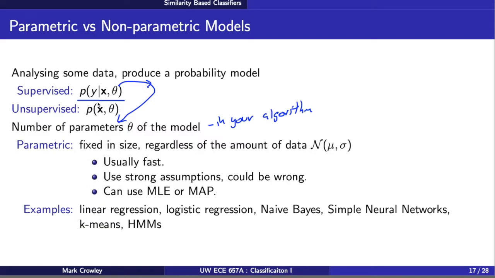But then there's this question of whether it's parametric or not, right? You always have some parameters you're going to set. It's a confusing name, because non-parametric models still have parameters, but the parameters don't scale with the data, right?